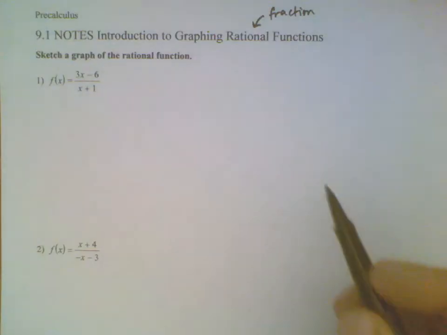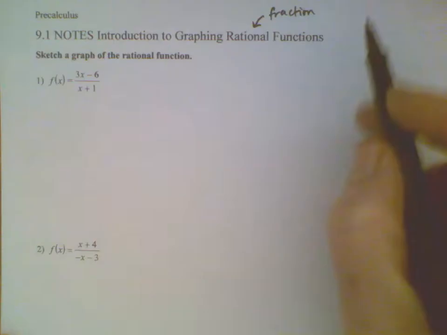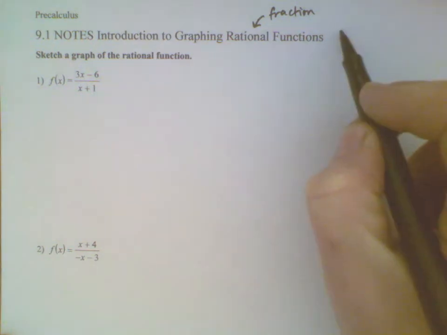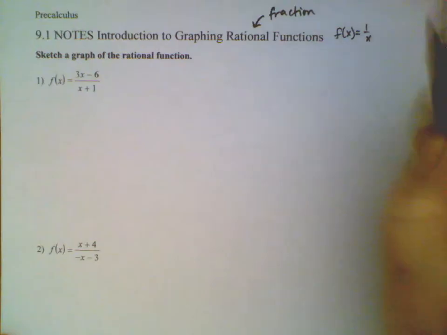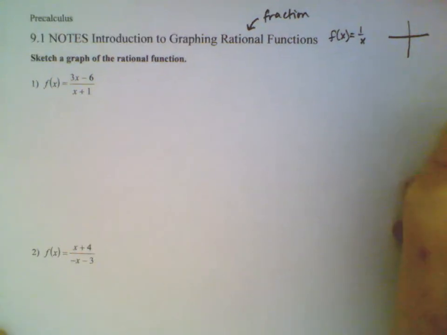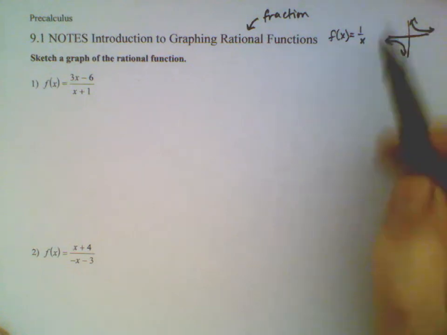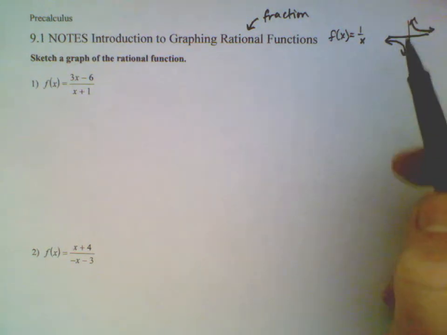The one thing that we are going to start with the knowledge of is the parent function f of x equals 1 over x. And that's an Algebra 2 topic that I just want to relive. And that function looked like these two little swoopy things in the corner. And so our graphs are going to follow a very similar feel.